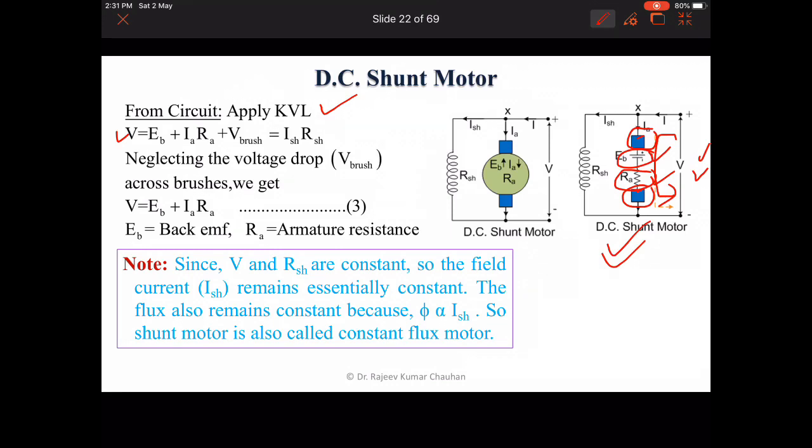One other equation we can write from here is that V is equal to ISH RSH.